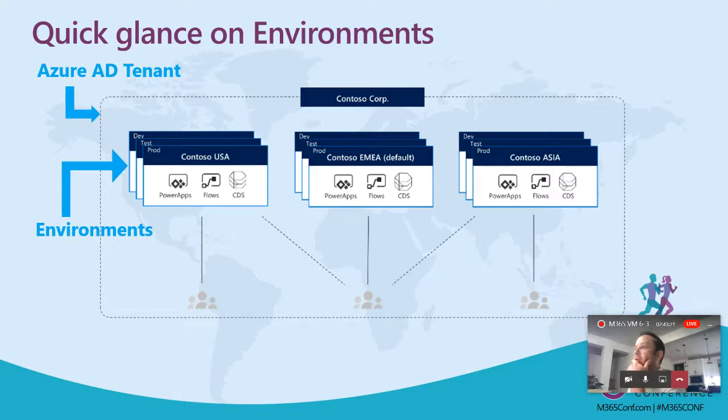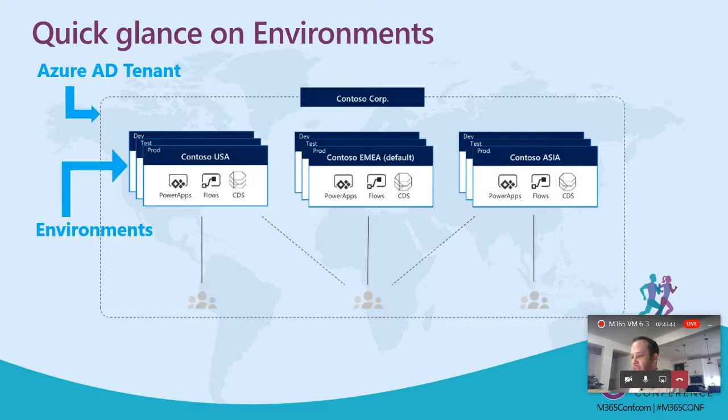Once you create your environment, you define the data loss prevention policies that can be applied to an individual environment or even your whole tenant. Every tenant has a default environment where all the licensed Power Apps and Power Automate users can create their apps and flows.